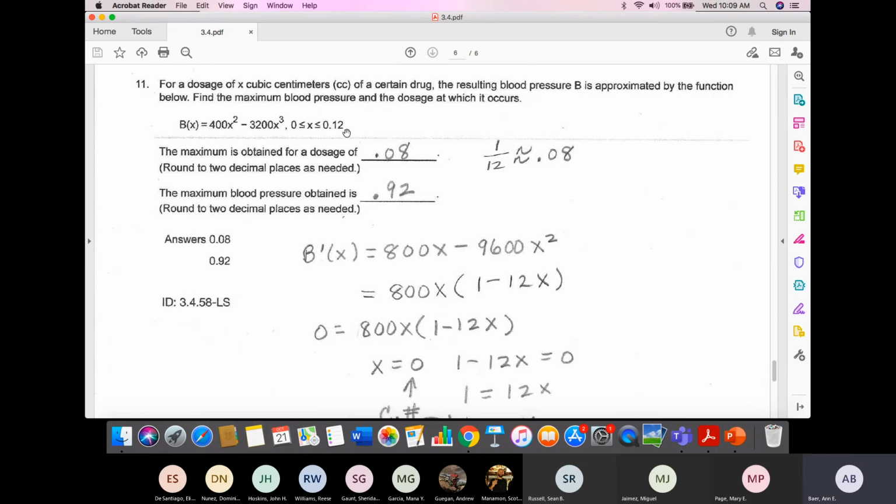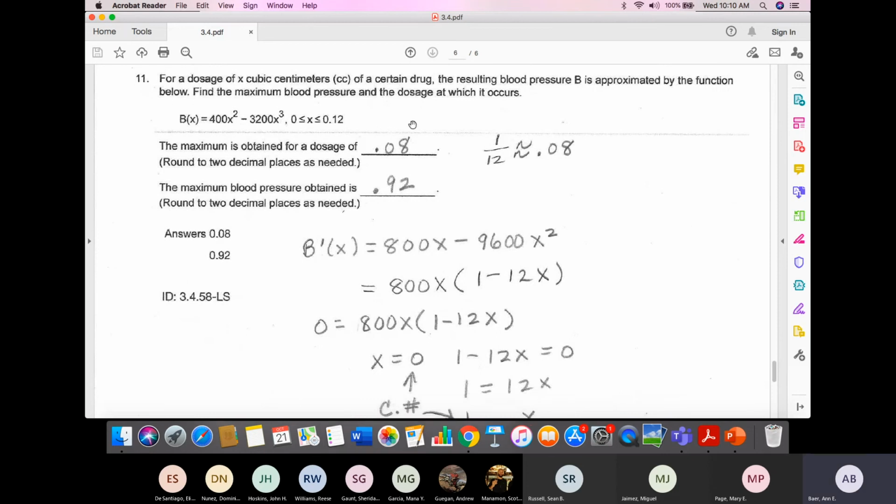It means that you're going to give that patient all of the drug, but that's usually impossible to get all of the drug out of a particular syringe. You get almost all of it, but it's impossible to do that. So you can really consider this an open interval. In the context of an application problem, you can make certain assumptions at certain times.